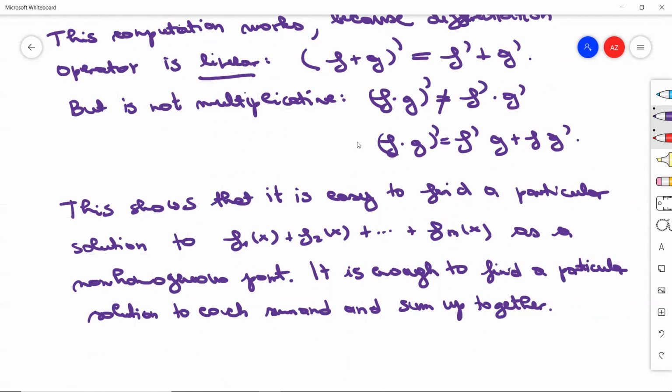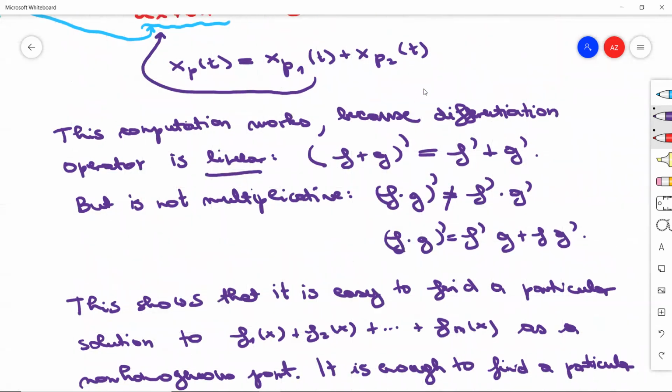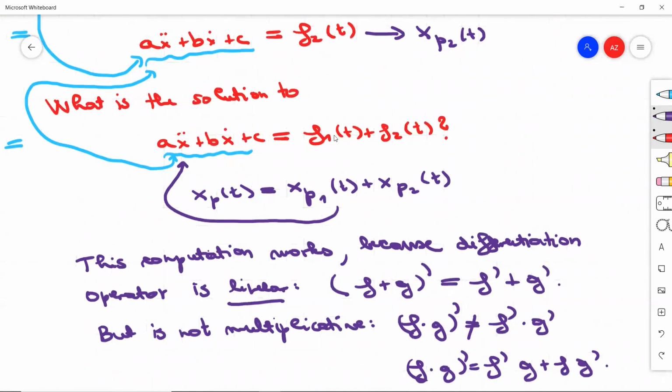So f1 plus f2, this was our sum. If you have, for example, a polynomial as f1, we know how to solve it. And if you have an exponential function or a trigonometric function as f2, then we also know how to solve it. And so then we have the particular solution for this sum.